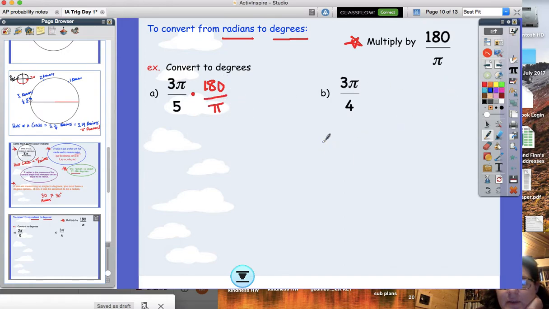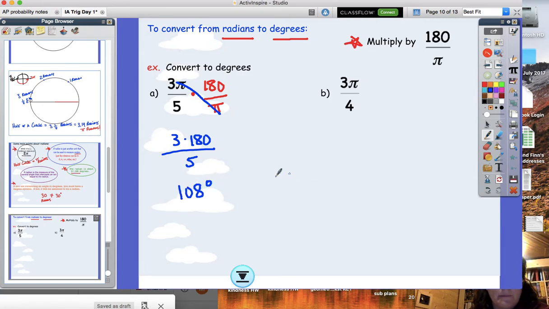Now, we are multiplying fractions, and remember how we just talked about how if I am multiplying by the same thing on top and on bottom, those will cancel. So really, this is the same thing as 3 times 180 over 5. Type that in your calculator, and you're going to get 108. So that would be 108 degrees, so make sure you put the degree symbol on there.